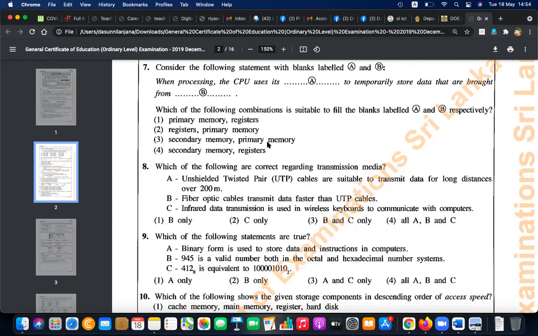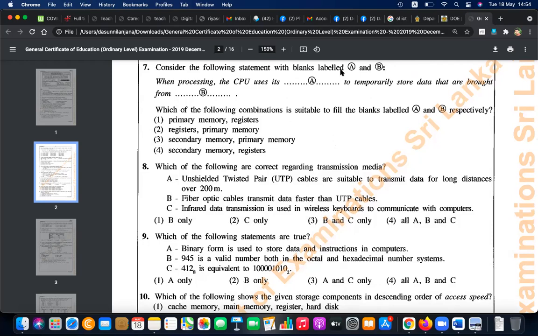What is inside the CPU? Is secondary memory inside the CPU? What does the CPU have inside it to store data? Primary means RAM, random access memory.